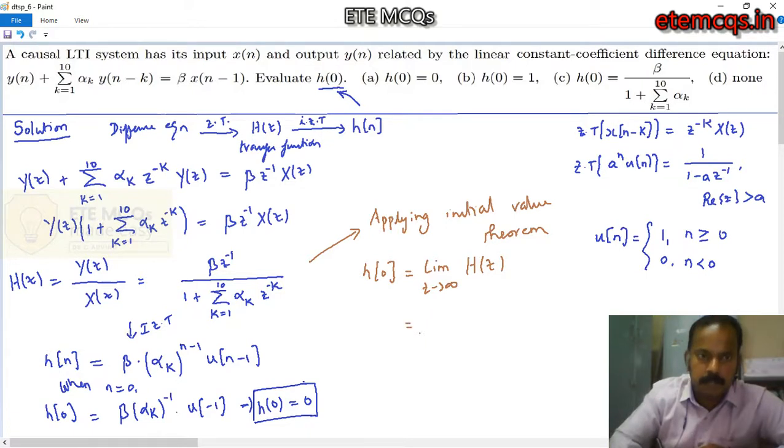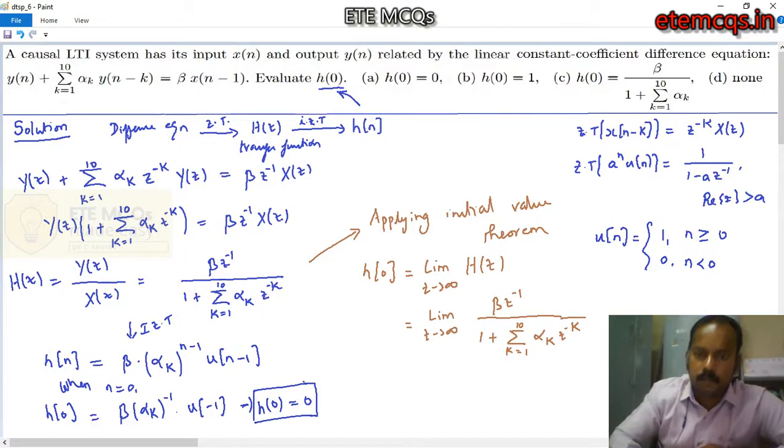You end up with limit z tends to infinity of beta into z inverse the whole divided by 1 plus summation k is equal to 1 to 10 alpha k into z power minus k.